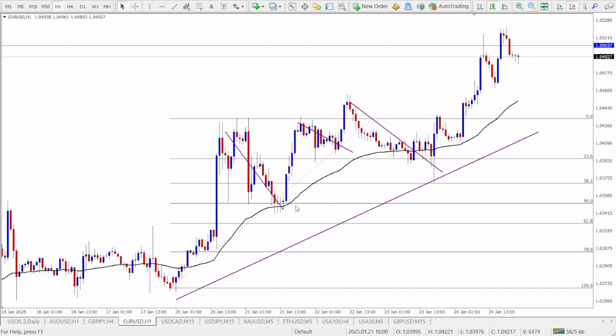For example, in this particular case, we can see that we had a series of doji showing that this pullback is already getting exhausted. Right after the last doji formed, we had about three dojis consecutively.